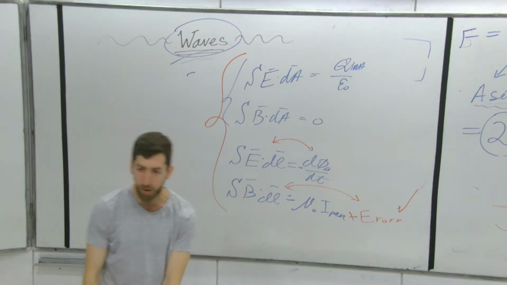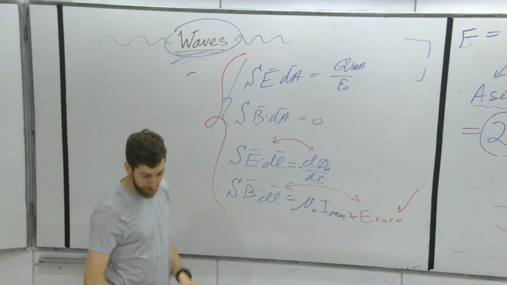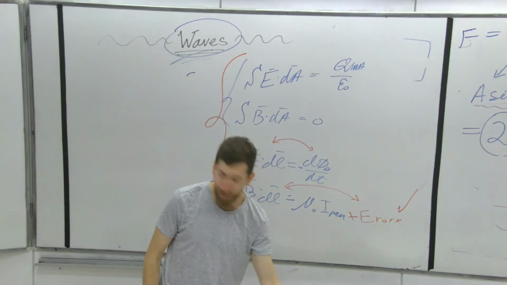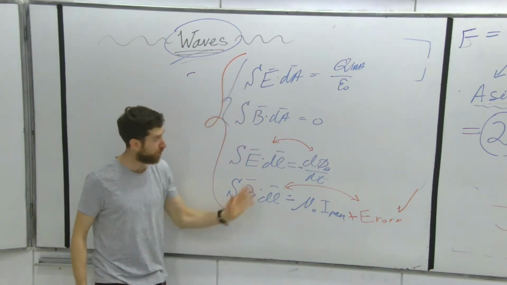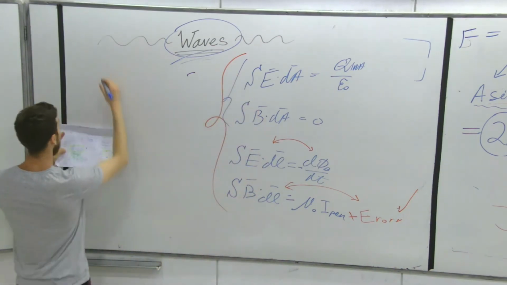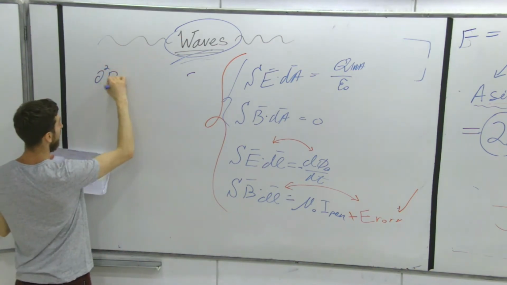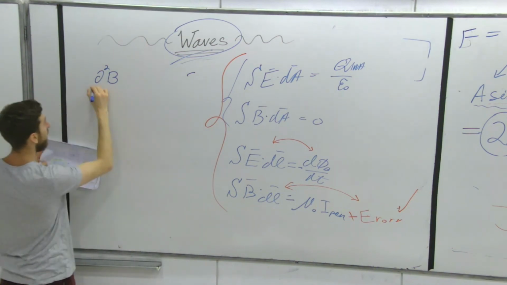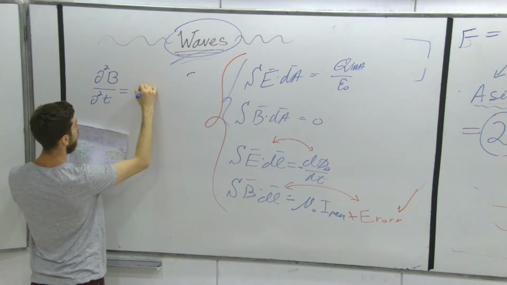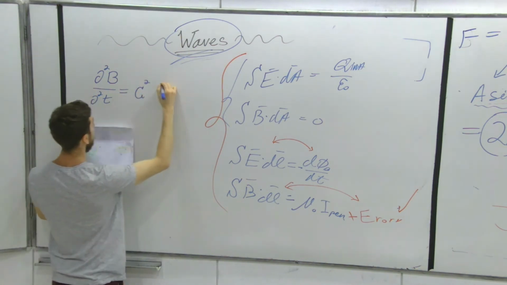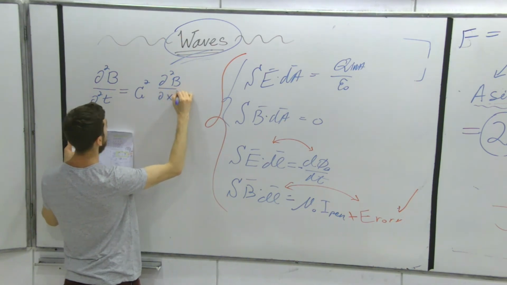And then he did that, and what did he discover? He discovered that all of these equations can be one equation. Crazy. You want to see this equation? All of them together. He did it, and he found this one. Look carefully. The magnetic field changing twice in time equals a constant times the second derivative of B with respect to x.